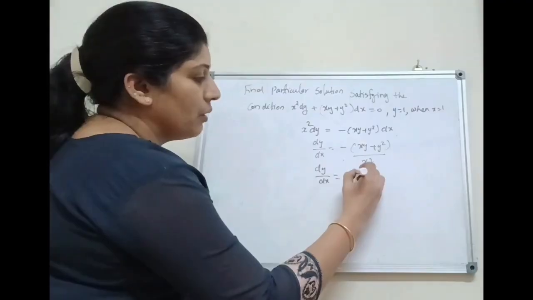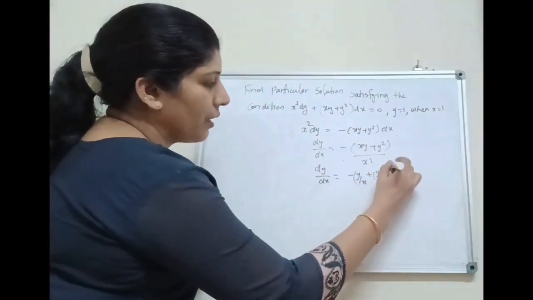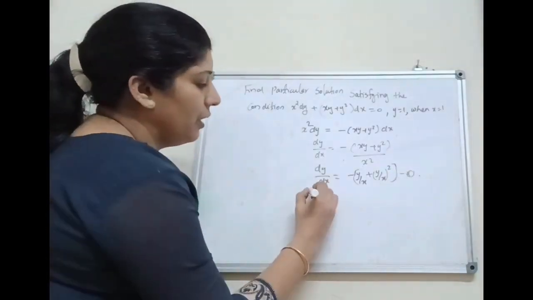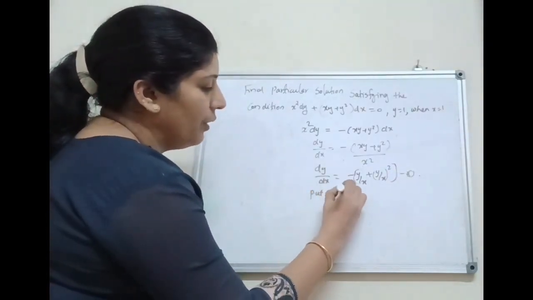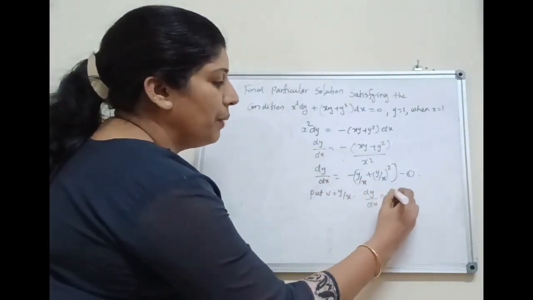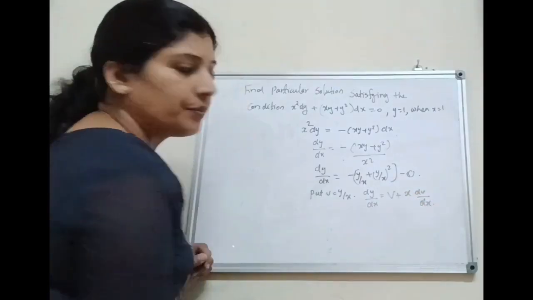That is minus of (y by x plus (y by x) whole square). It is a homogeneous differential equation. Next, we have to put v equal to y by x. Therefore, dy by dx equal to v plus x into dv by dx.